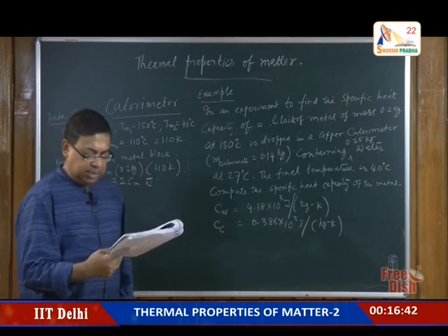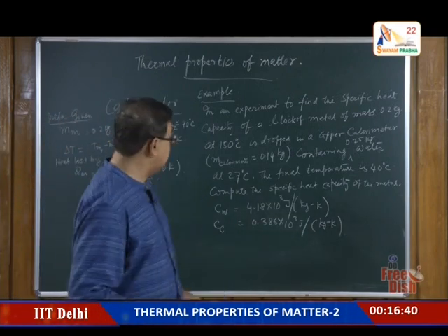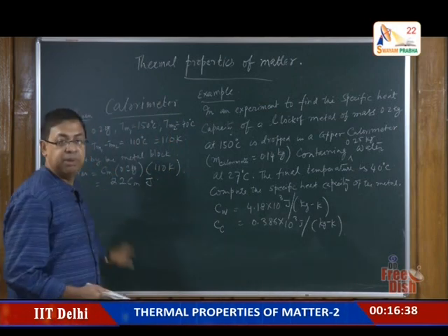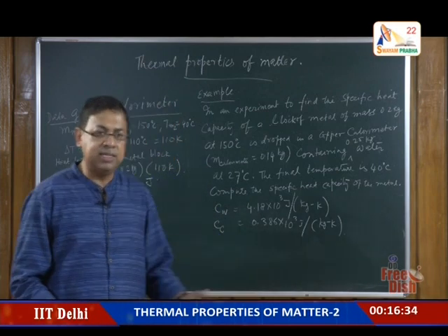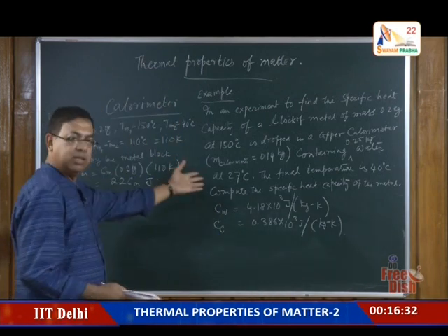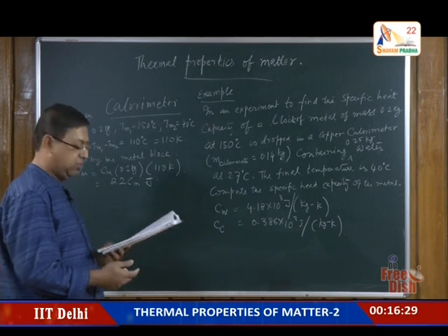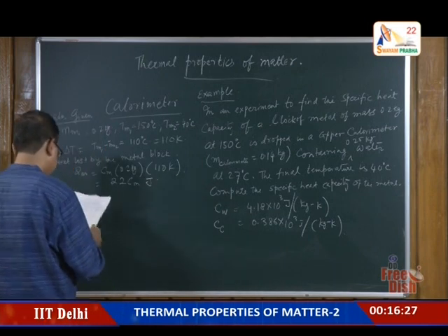Now, this heat is lost by the metal block. The same amount of heat has to be gained by the water present and the copper calorimeter.